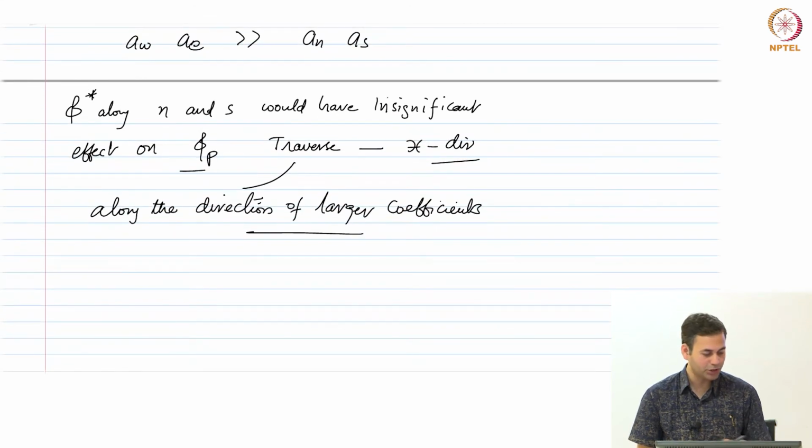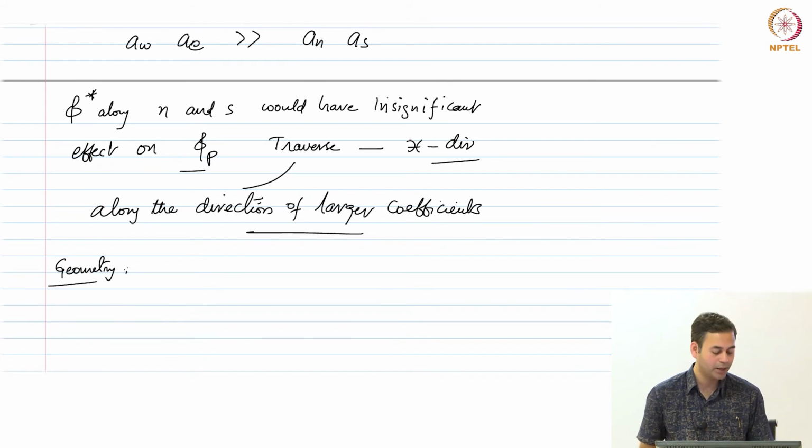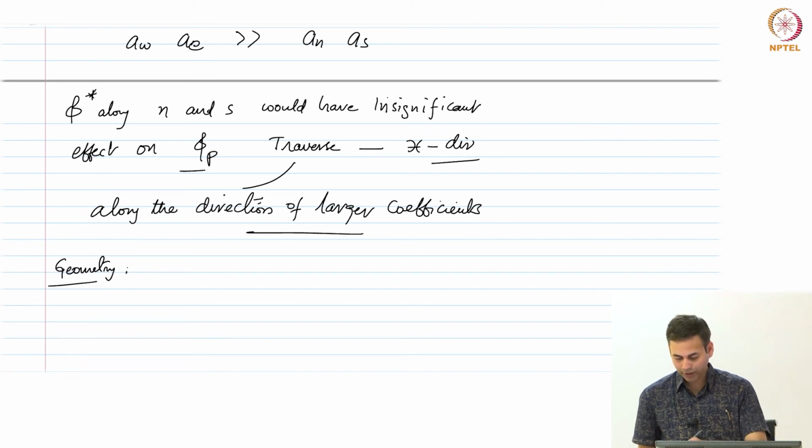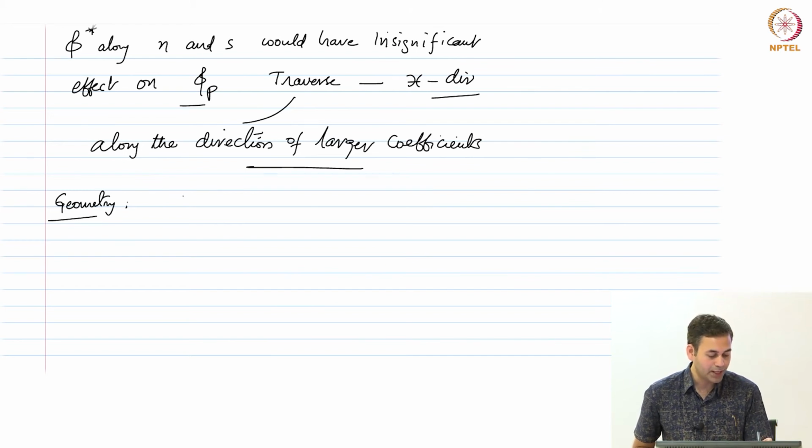So properties is done. What about the geometry? We said two comments, right? One is geometry, the other one is properties. These would indicate that we should choose the traverse in a particular direction. Coming to the geometry, let us say we have a mesh with a large aspect ratio.